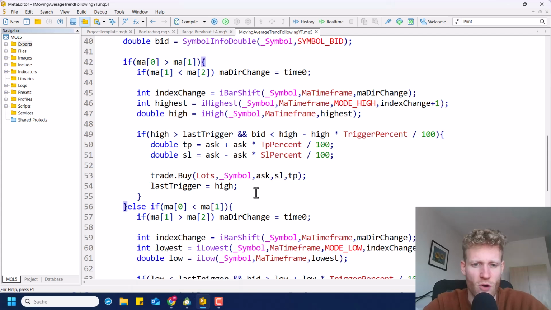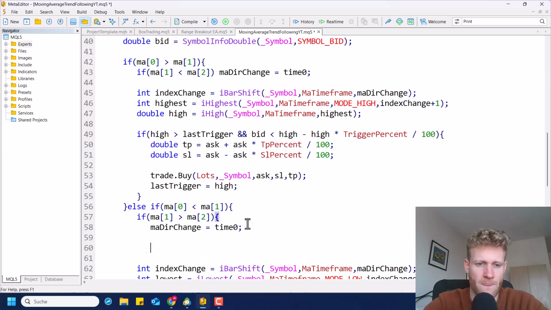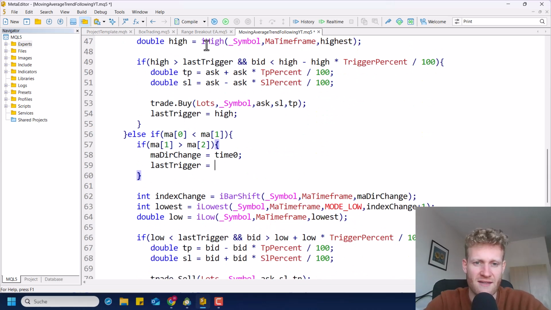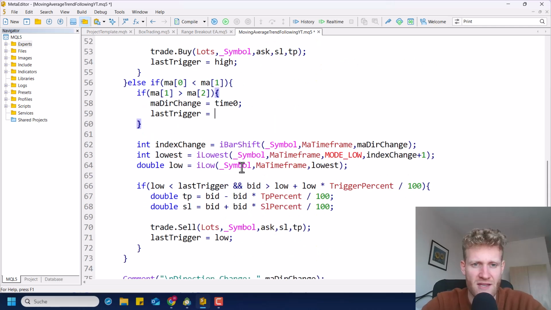Also, I think we have to make sure that when we change the direction here, we reset the trigger, right? So when we start a sell trend, the last trigger should be a very high value, like integer max value.